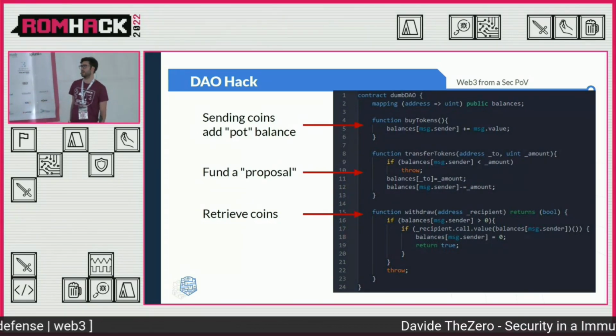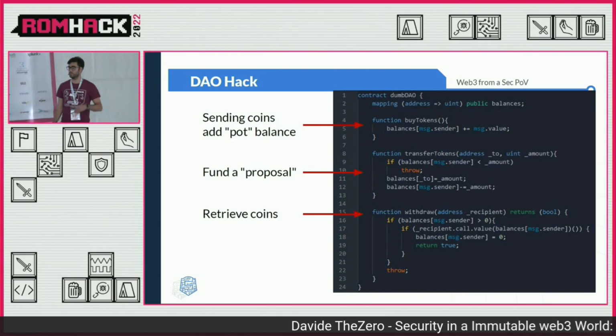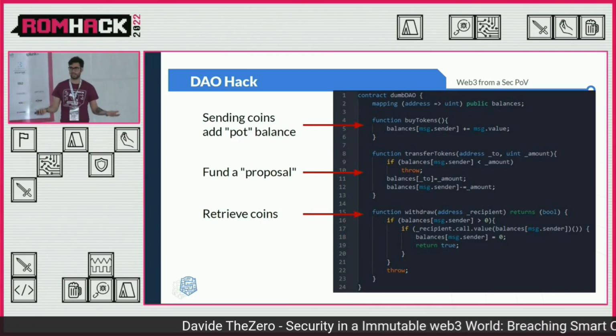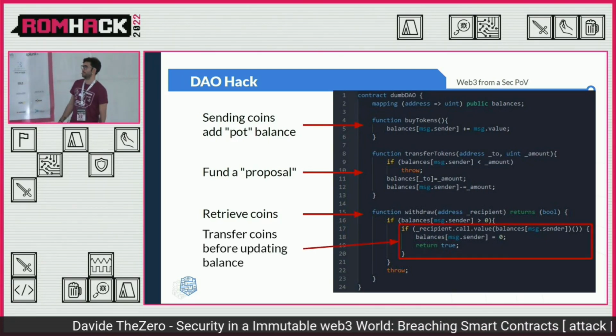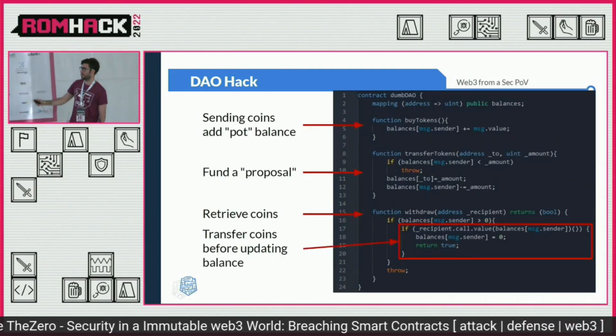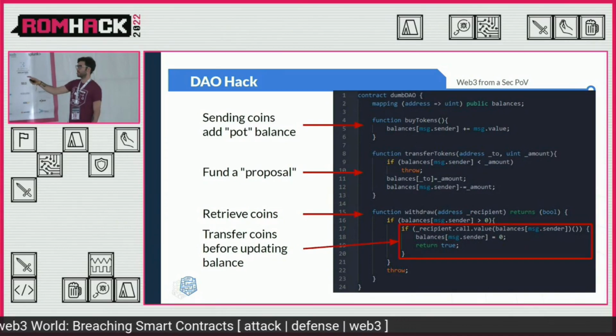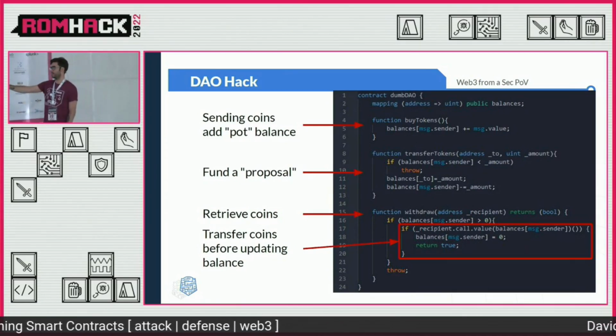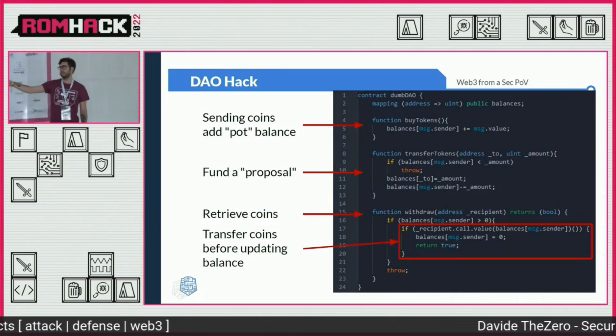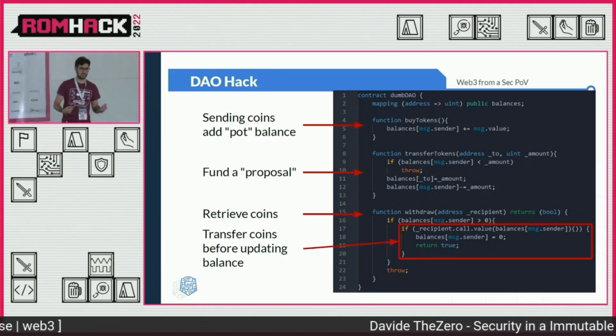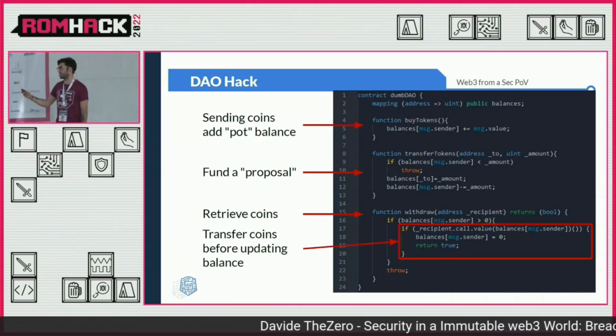And then there is the withdraw function that is used to retrieve coins whenever a split happens. And the vulnerability lies inside the withdraw function, because the contract is transferring the coins before updating the balance of the user that requested the transfer.